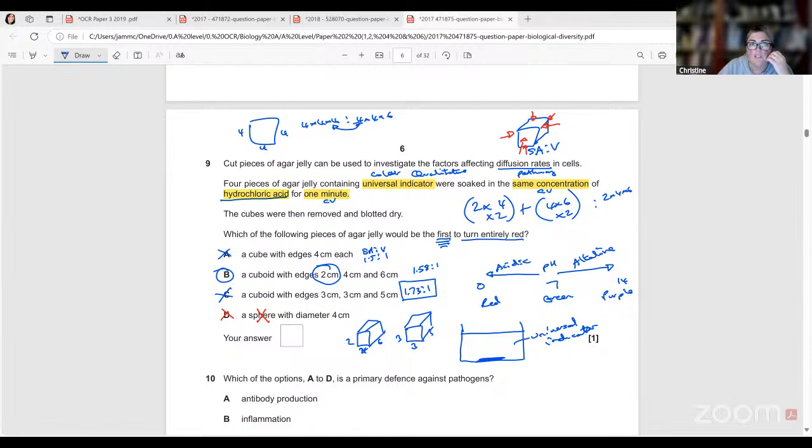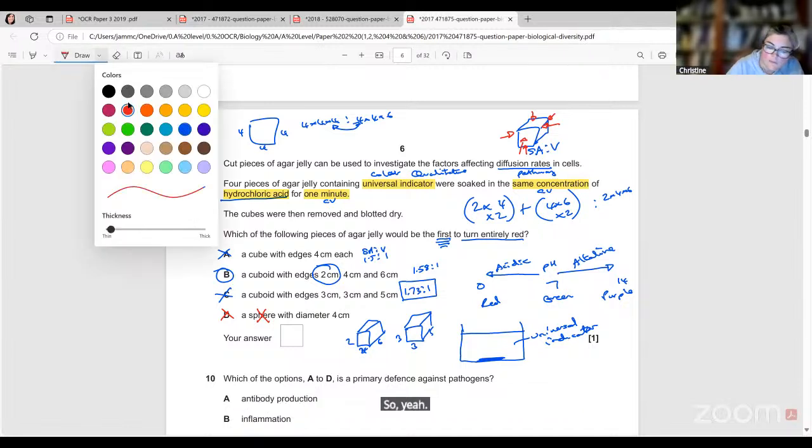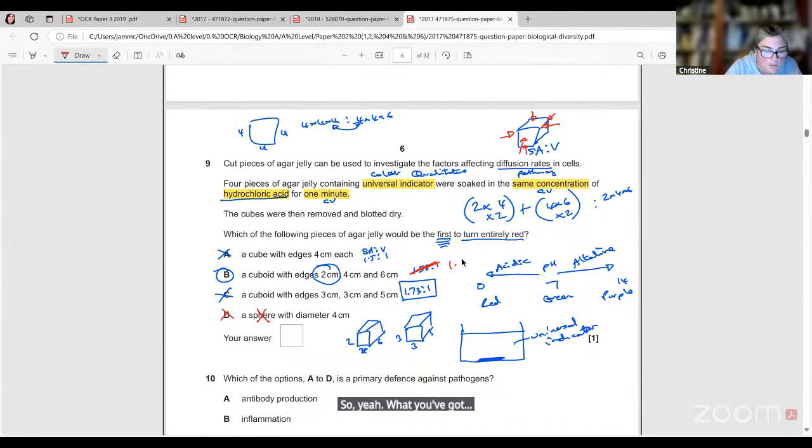So Amna, what have you worked it out to be now? I need a piece of paper. I've got my computer screen. There we go. That's the reason being. So yeah, what you've got makes more sense. 1.83 to 1, which is why B is the right answer.